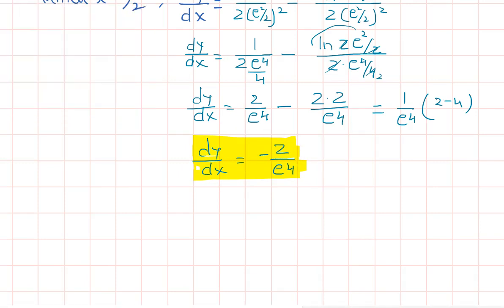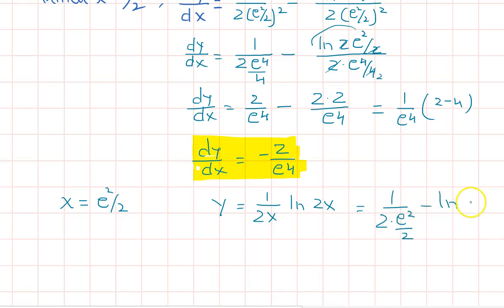Now we have to find the point. So x is given as e squared over 2. So y is equal to 1 over 2x ln 2x. If we put x is equal to e squared over 2, so 1 over 2 e squared over 2 minus ln 2 e squared over 2.